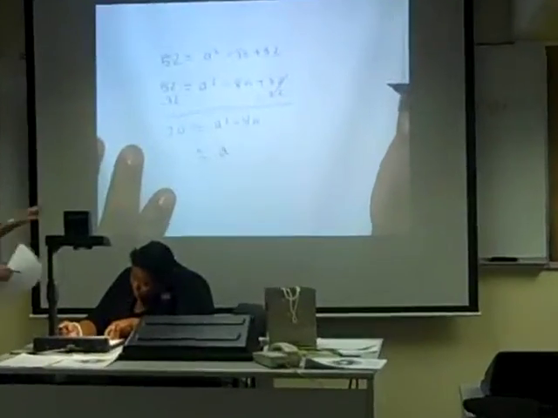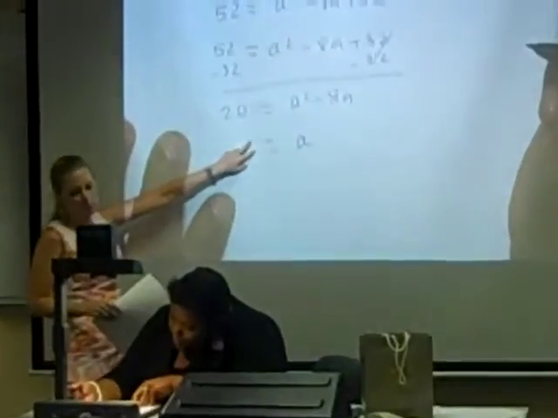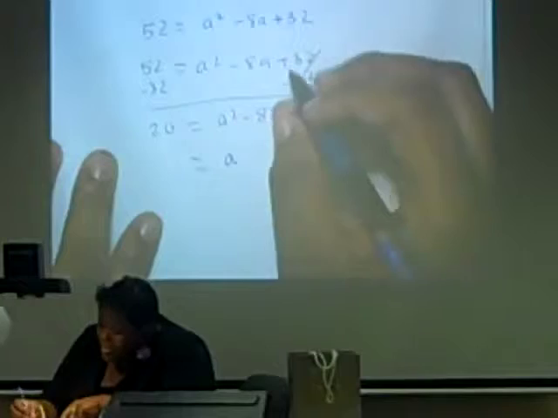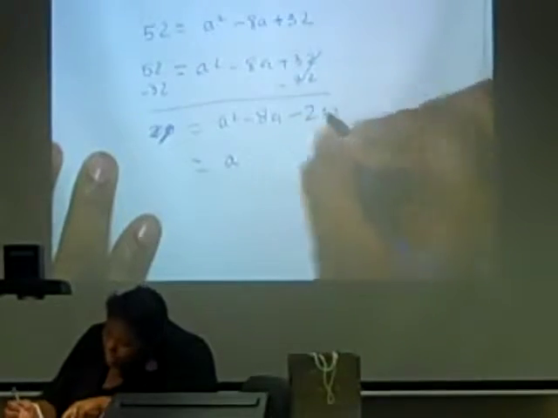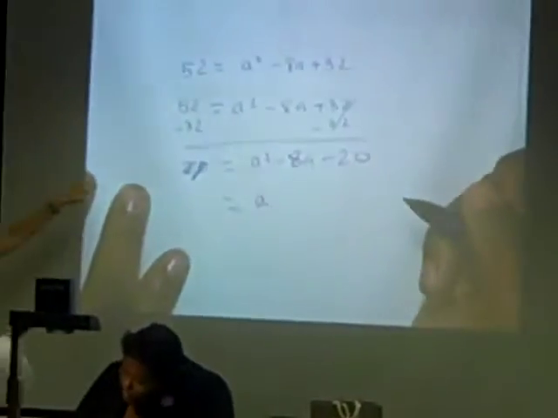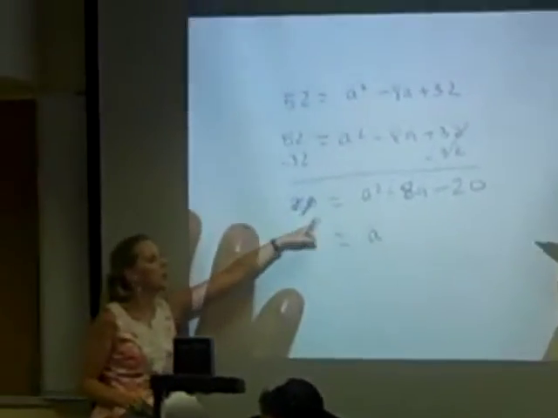Wouldn't it be a good idea to bring this 20 over to the other side and have the 0? Oh, that might be smart. So we're going to say bye-bye, 20. So what she also could have done was subtracted 52 from both sides to get the 0.